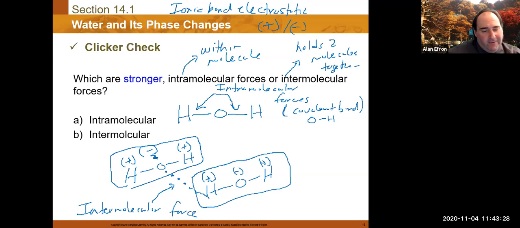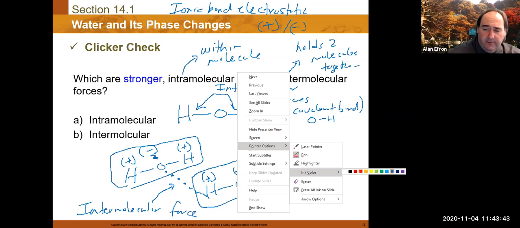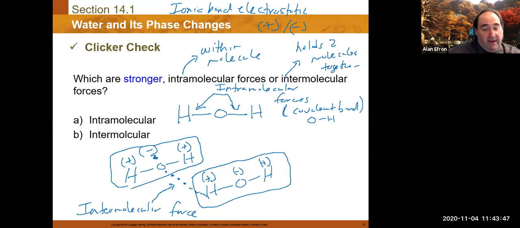So how do we know that the intermolecular force is weaker than the intramolecular force? Well, we could probably have a very simple explanation of that. Most people have probably boiled water at some point. If you haven't, give it a try.